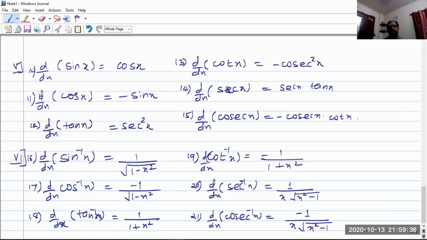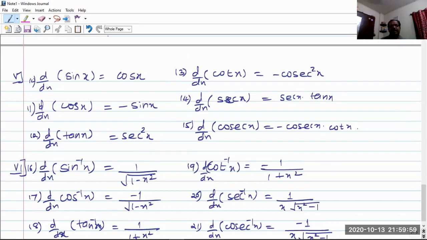All those topics will depend on these basic, standard derivatives. Using these derivatives of standard functions, we are able to find derivatives of all the composite functions. That is not to be discussed here today. Today we will only discuss derivatives of standard functions.